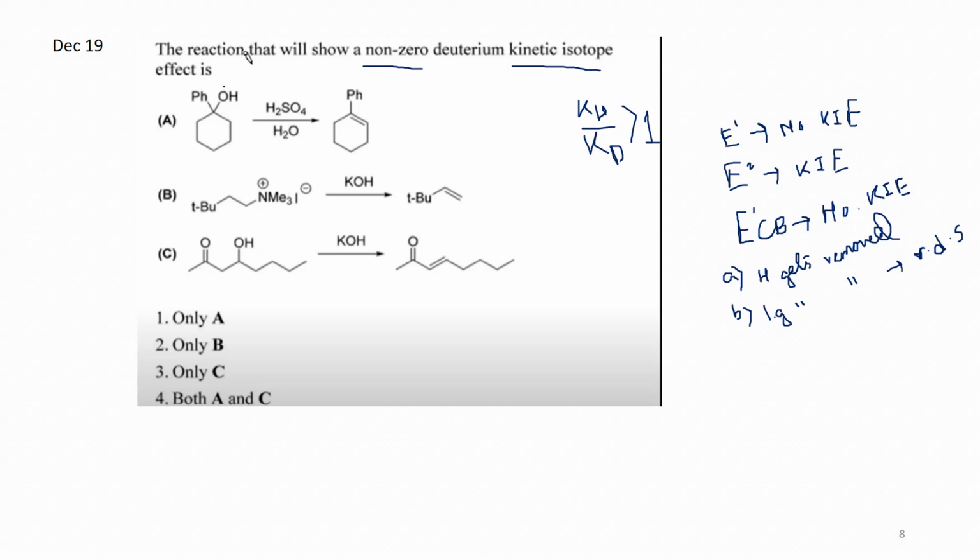So what will happen? First, it will get H plus from the acid and get removed from the system. Due to that, it leads to a formation of carbocation.